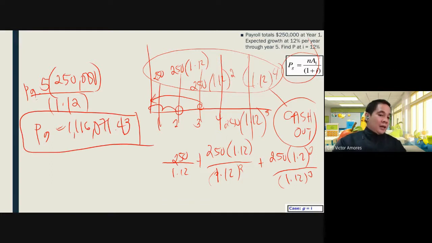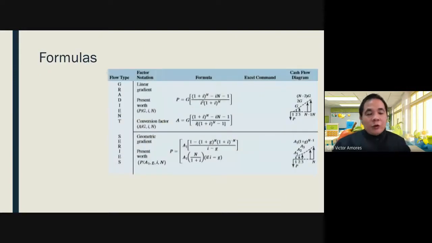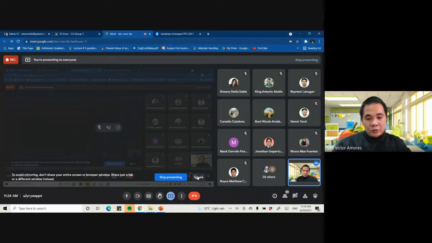It is bigger because your interest rate is higher, or the amount of your payments is higher. So these are the formulas. We are already done with the discussion.